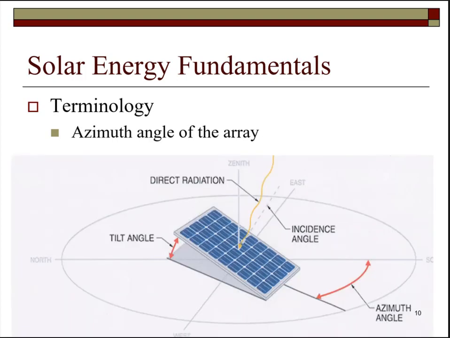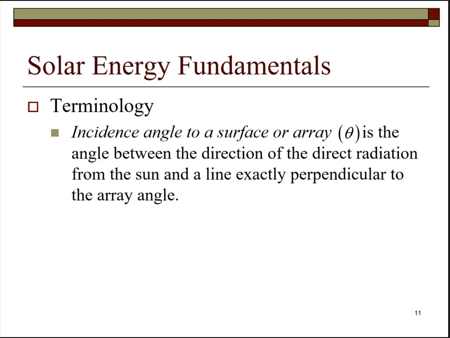Here is shown the solar module and the angle that its face makes with respect to south. The incident angle to a surface or array is the angle that the direct beam solar radiation makes with a perpendicular to the surface.